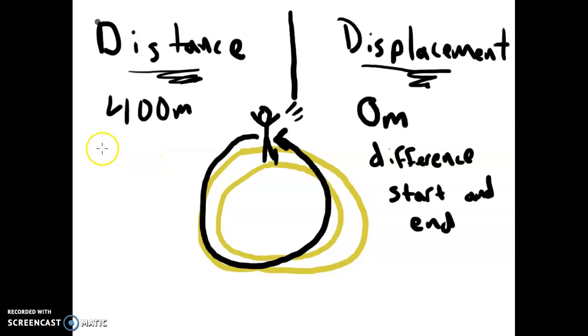Distance, on the other hand, includes the total path, right? So I'm going to go ahead and clear this and show another example of what I mean.